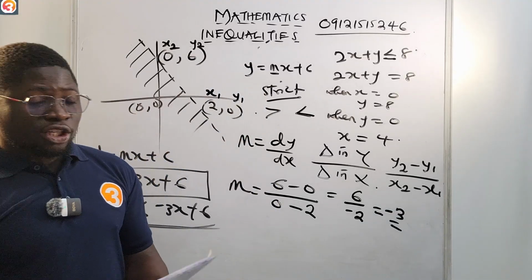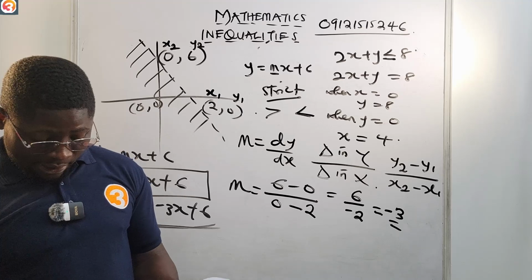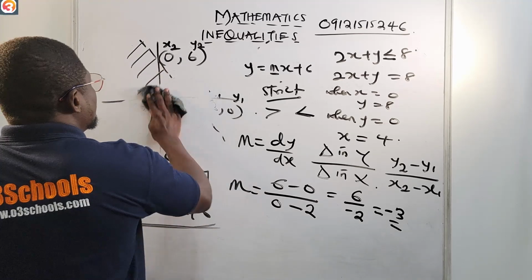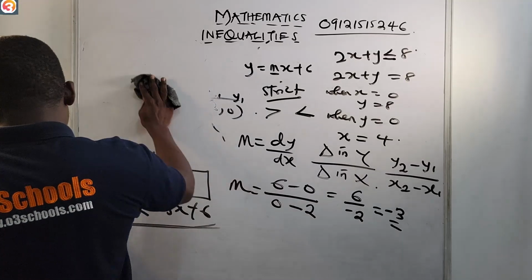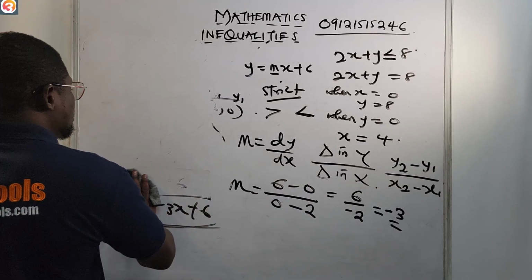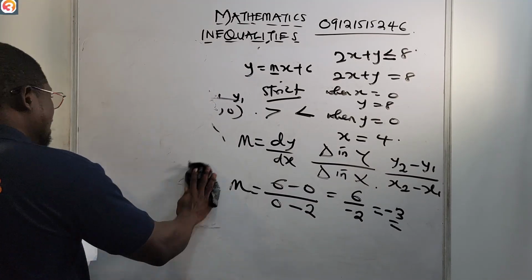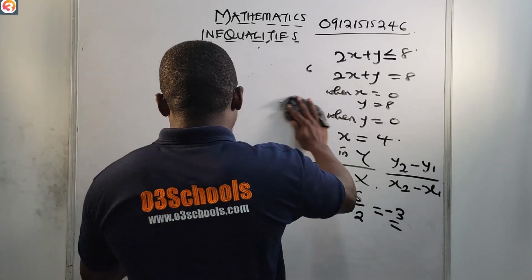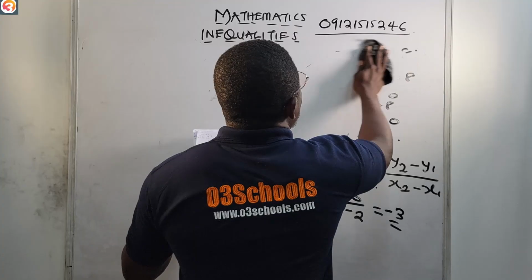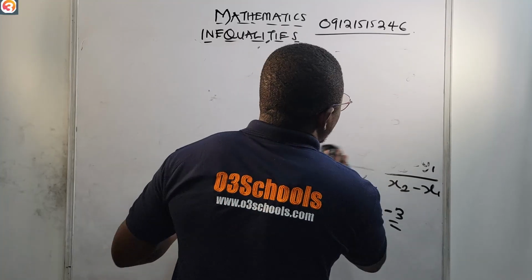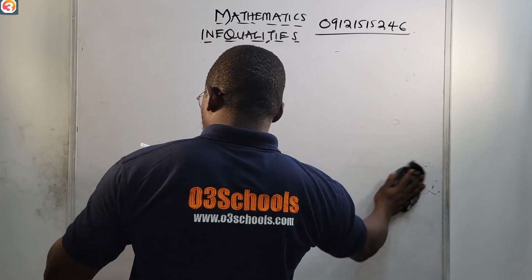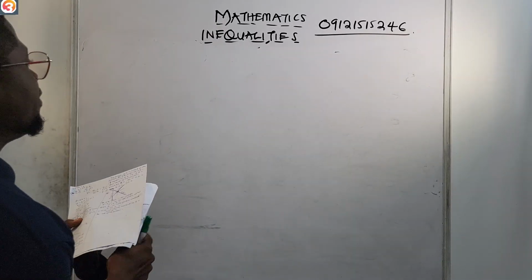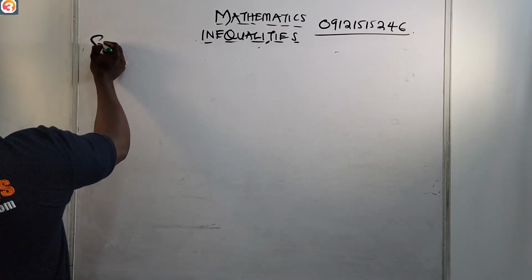All right, so let us go to the last part of this class, which is the system of inequalities. On that graph also, look at the system of inequalities. The solution to a system of linear inequalities in two variables is the region of intersection of all the equations involved.